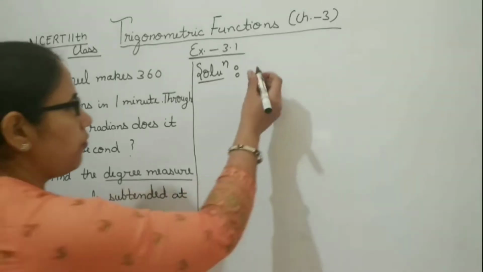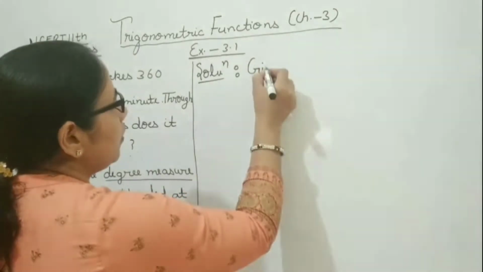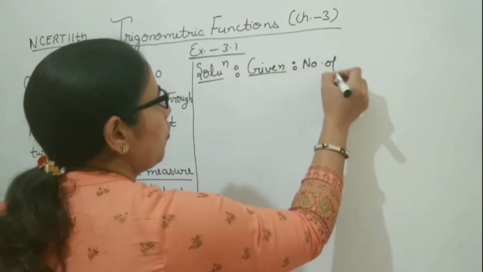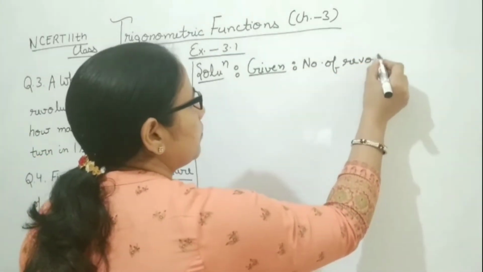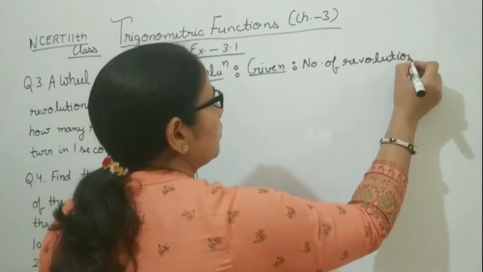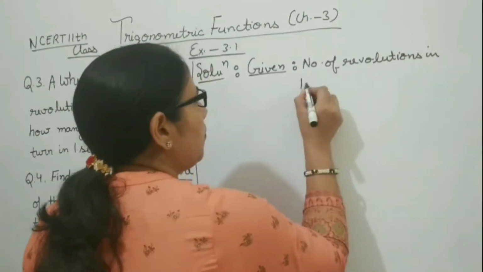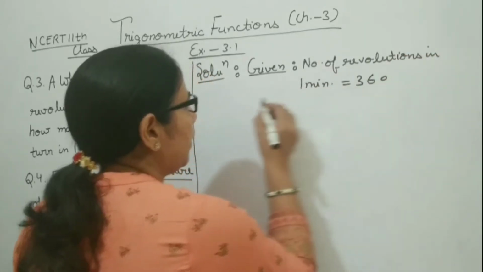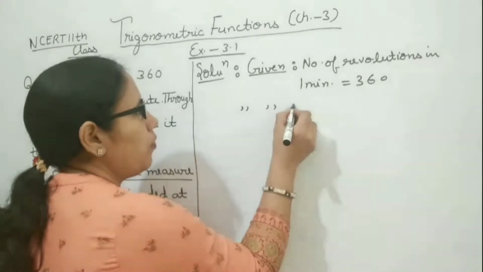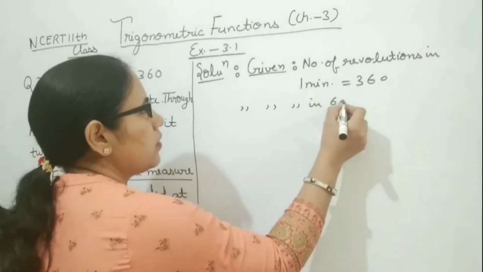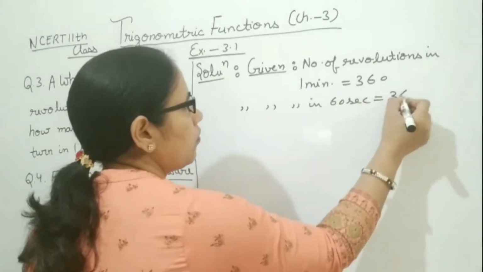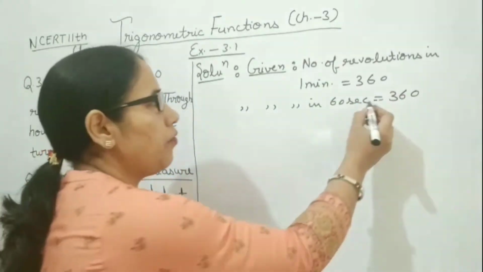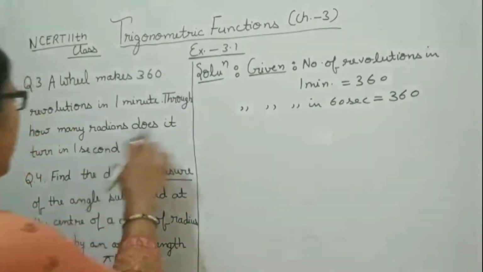So first write down what is given in the question. Given is number of revolutions in 1 minute equals 360, that is number of revolutions in 60 seconds. Also 360, because there are 60 seconds in 1 minute and we have to find the number of radians in 1 second.